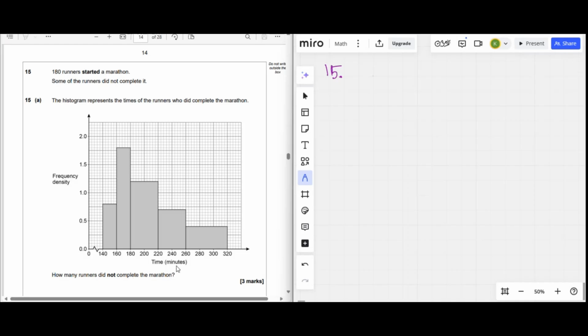Okay, to find out the number of runners for each of those rectangles, the number of runners is the area of that one block, so the frequency density times time.